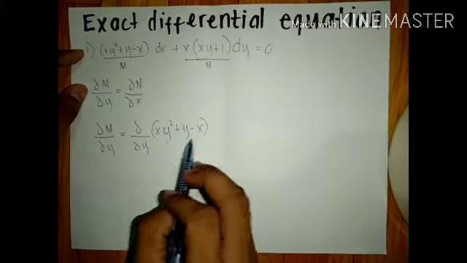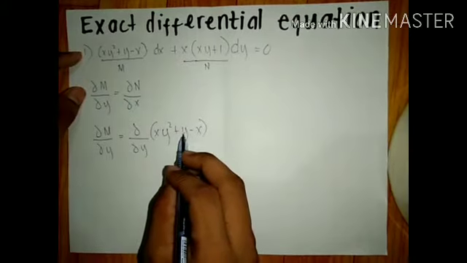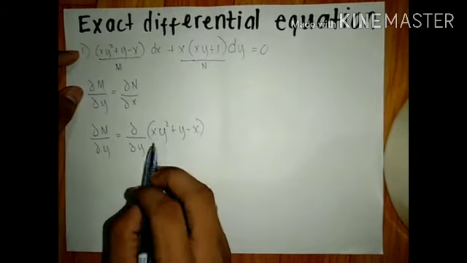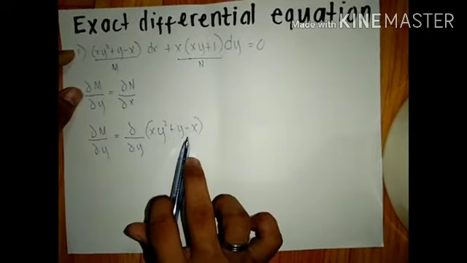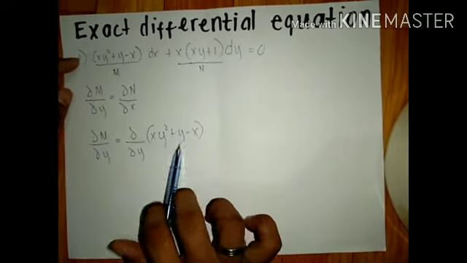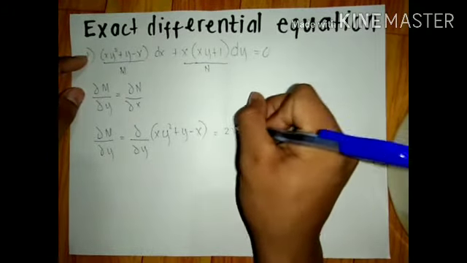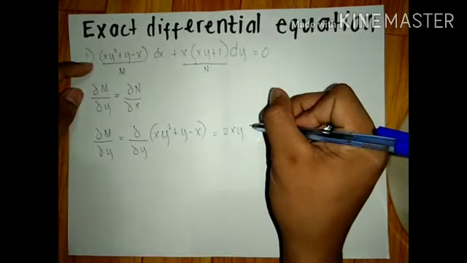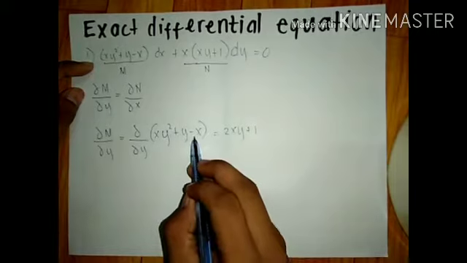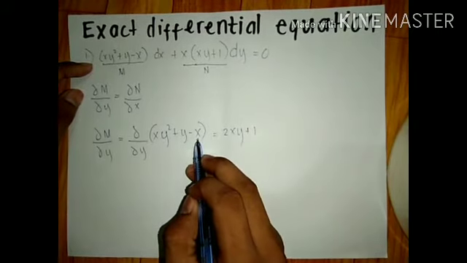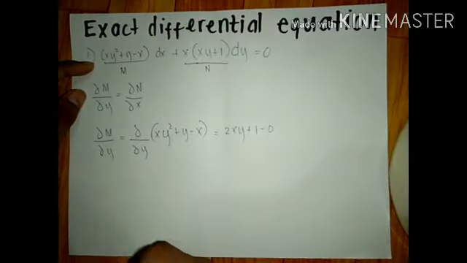We will treat x as a constant, and y as the variable. So we can get 2xy, then the derivative of y plus 1, and x is a constant, the derivative of a constant is 0, minus 0.